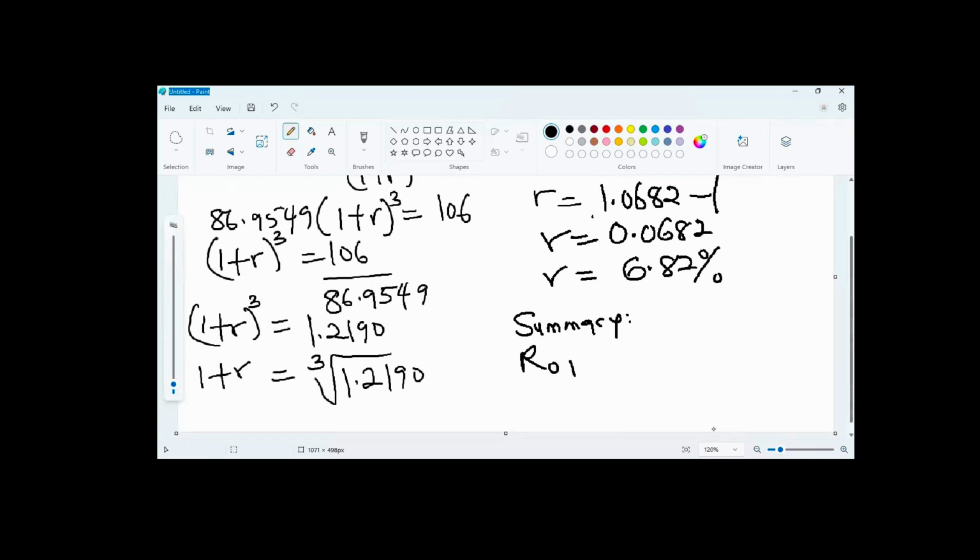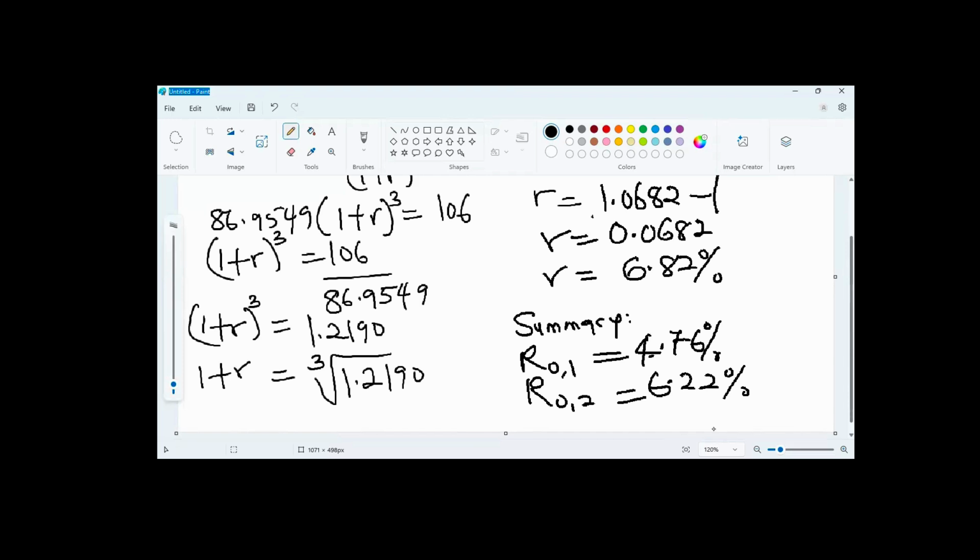R01, the spot rate at the end of year 1, is equal to 4.76%. R02, the spot rate at the end of year 2, is 6.22%.